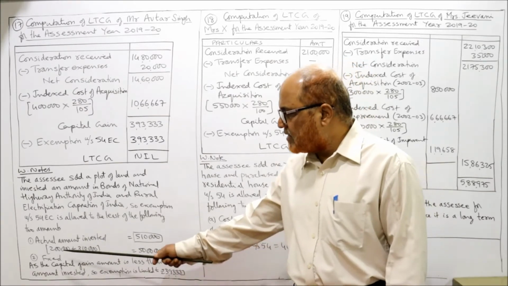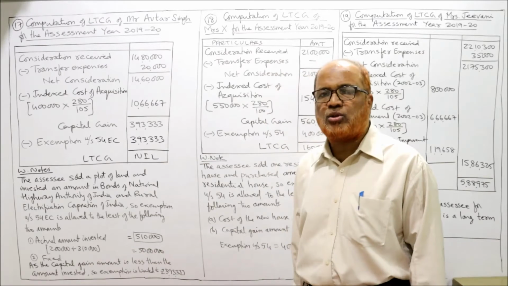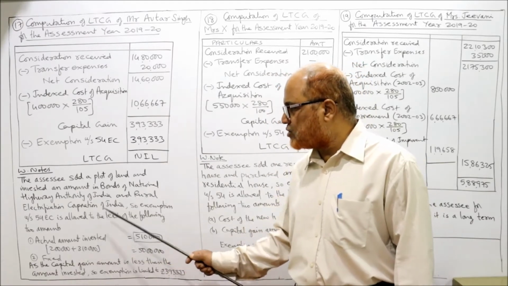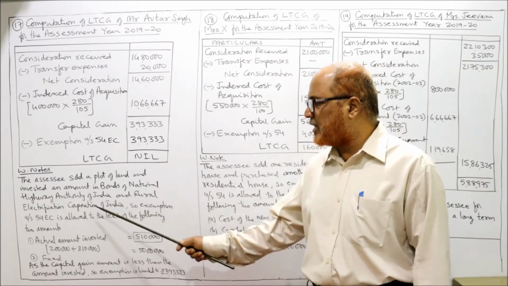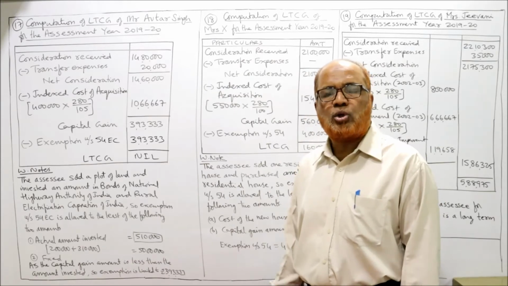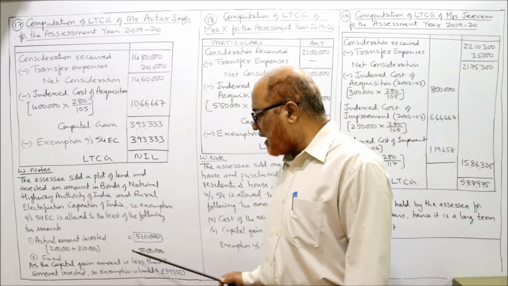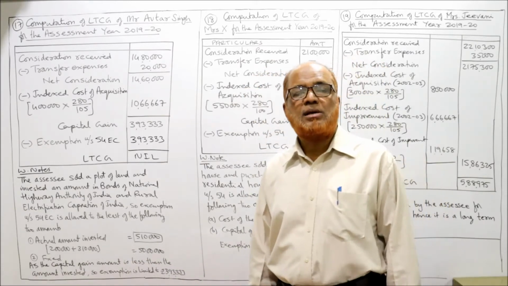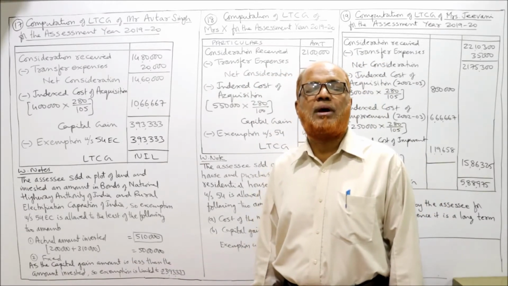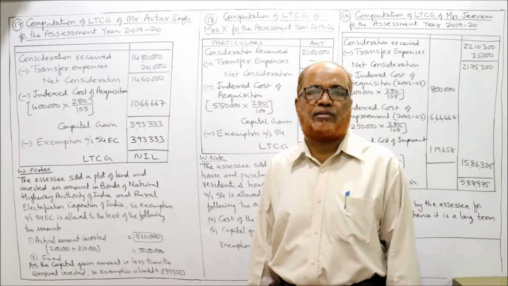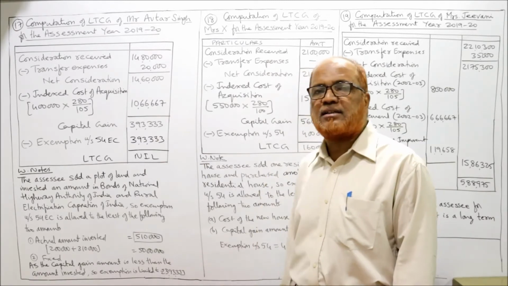The assessee has invested 2 lakh rupees in National Highway Authority of India and 3,10,000 rupees in Rural Electrification Corporation Limited. So total amount invested is 5,10,000. Whereas the fixed limit is 50 lakh. So exemption can be given to a maximum amount of 50 lakh rupees. The least of these two is 5,10,000.